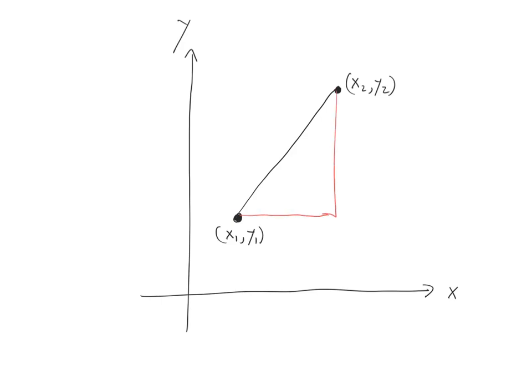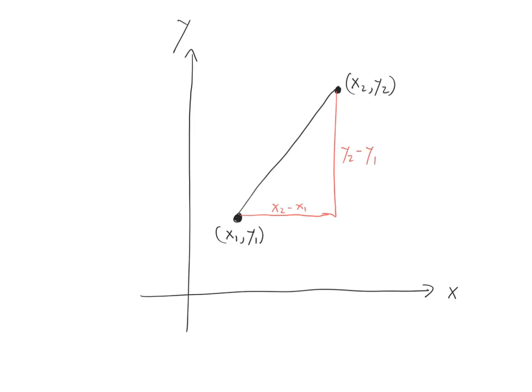The length of this bottom leg, this one here, is simply the difference in the x-coordinates, x2 minus x1. And likewise, the length of this side is just the difference between the y-coordinates, y2 minus y1.